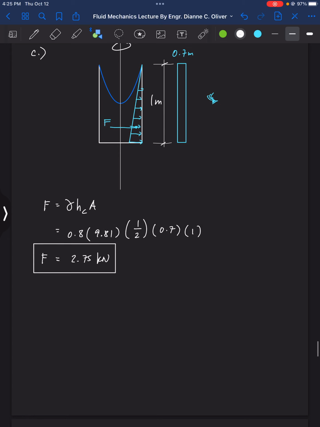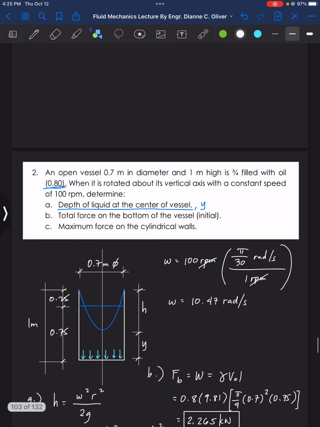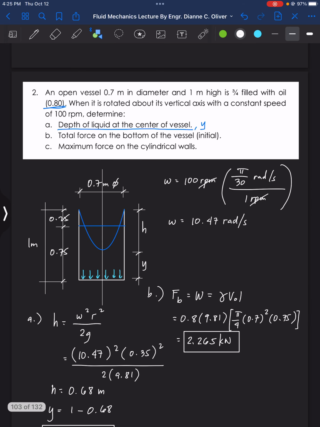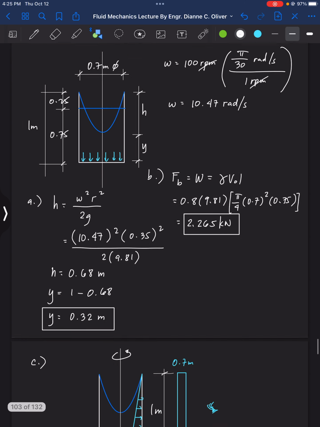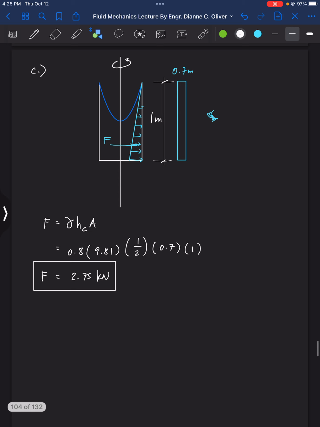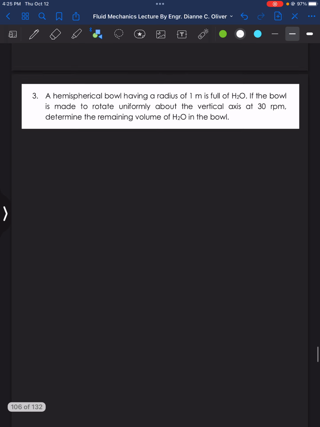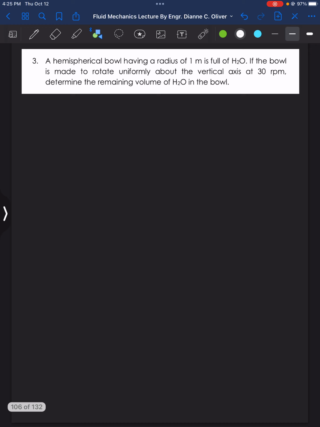Okay, so that's for number 2. Let's go to number 3. A hemispherical bowl having a radius of 1 meter is full of water. If the bowl is made to rotate uniformly about the vertical axis at 30 RPM, determine the remaining volume of water in the bowl. So there is a bowl.